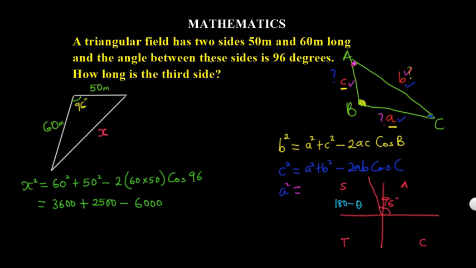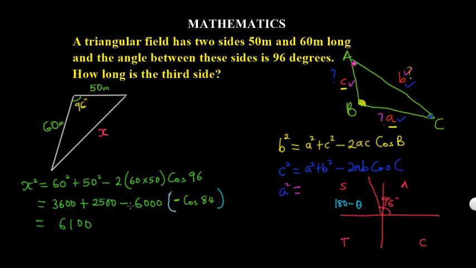So that is what we need to bring in when solving this. Here it becomes negative cos. When you take 96 from 180, you get 84. Being able to do this fetches you a mark that you understand the analysis of this triangle. Then we move back and add these two together, that's 6,100.